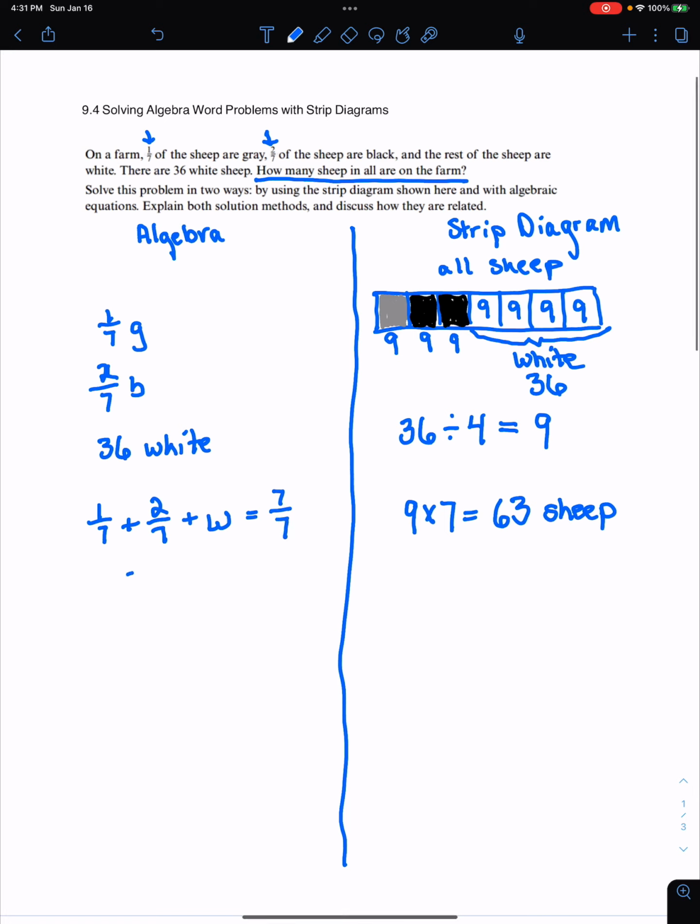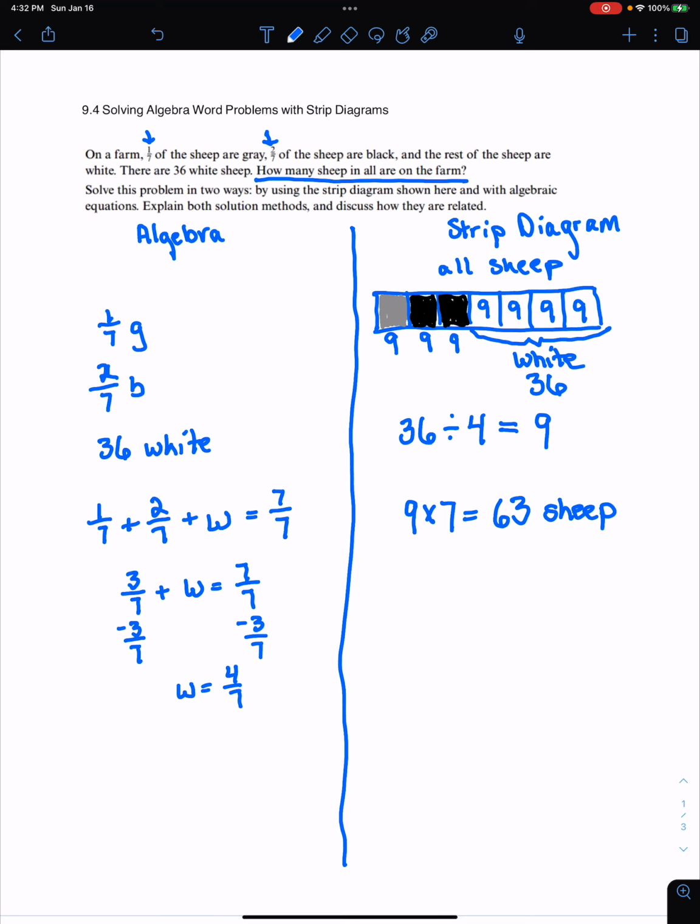So I've got 3/7 plus my white sheep should give me 7/7. So I can just think of this, or I could subtract 3/7 from both sides using my algebra, and I find out that my white sheep are 4/7.